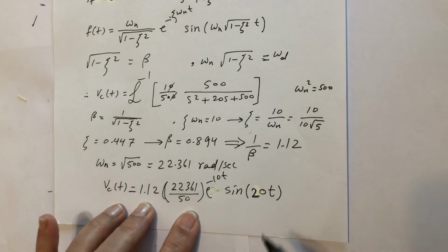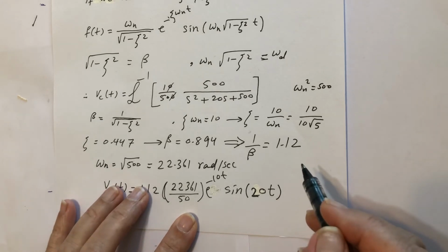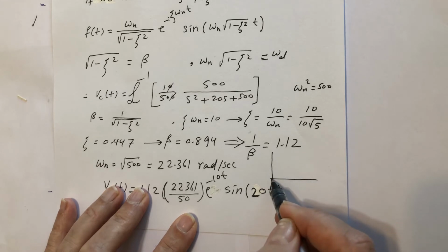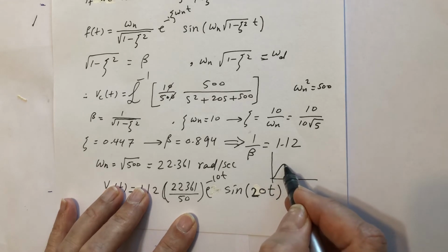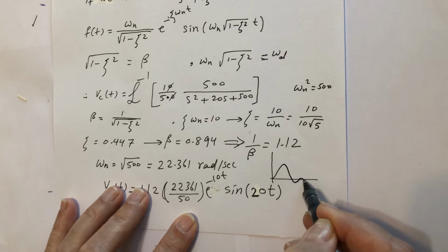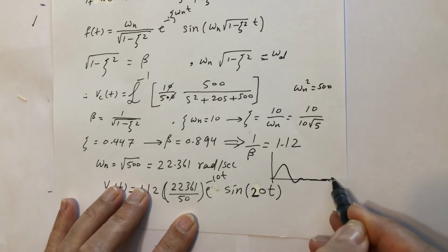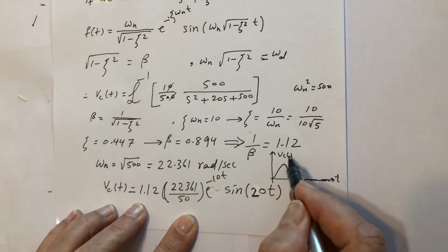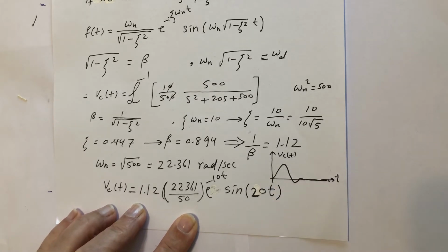Why does it look like that? I'll draw it for you maybe here, although it's small. So it will go like that, then it will go to 0. Okay? This is t. This is Vc of t. It's small, but it's clear. So it looks like an impulse response.